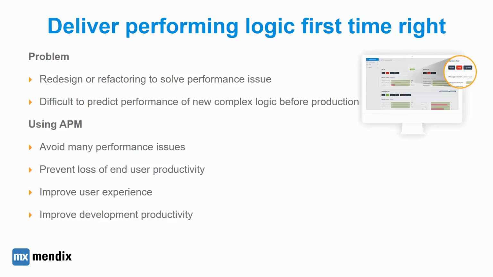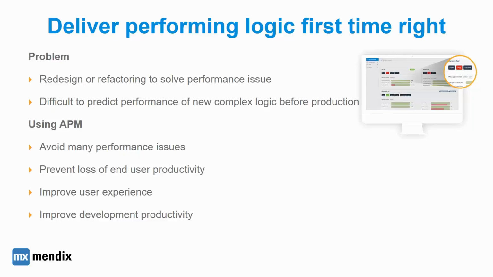And this really helps you to prevent the loss of end user productivity by having less performance issues in production. That will improve, of course, the user experience. And in the end, it also improves developer productivity, because instead of spending time on redesign and refactoring, they can spend time on new functionality.